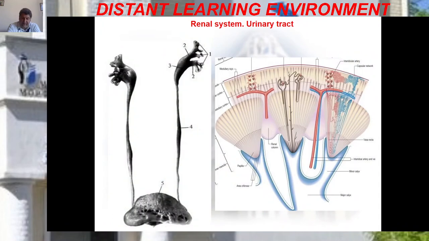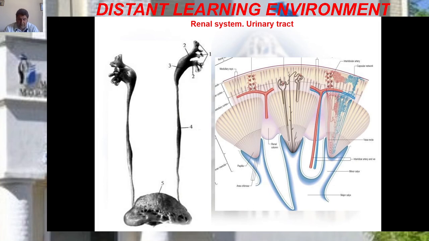In the female pelvis, the ureter extends along the free border of the ovary, then the base of the broad ligament of the uterus. It lies lateral to the cervix uteri, penetrates into the space between the vagina and the bladder, and pierces the wall of the bladder in an oblique direction like the male ureter.